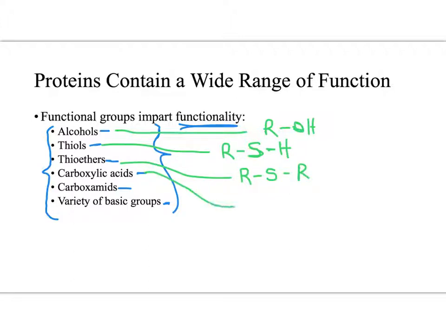For our carboxylic acids, you usually have some sort of R group here, and then we have that COOH present in that structure. And the carboxamides, which will also be called aminocarbonyls, are going to have some R group connected to that C double bond O.